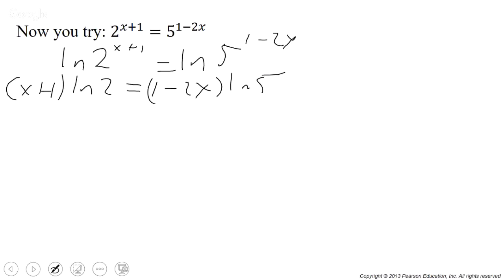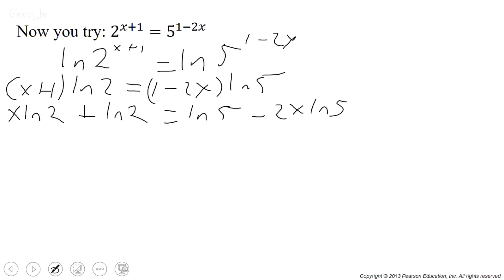Now I do the distributive property. So I have x ln of 2 plus, well, 1 times ln of 2 is just ln of 2. And then ln of 5 times 1 is ln of 5 minus 2x ln of 5.